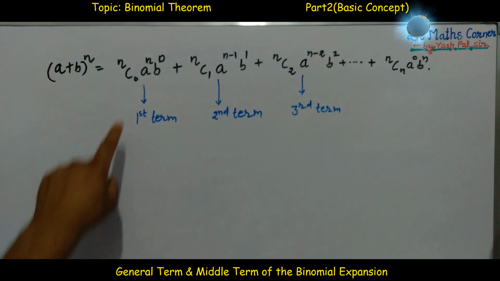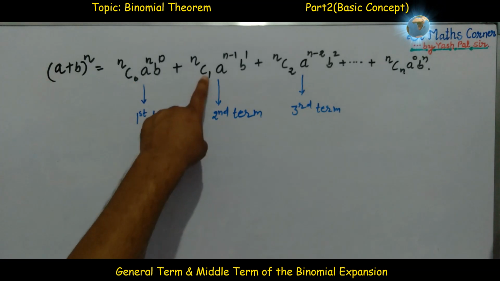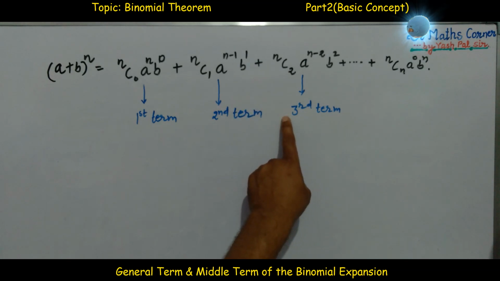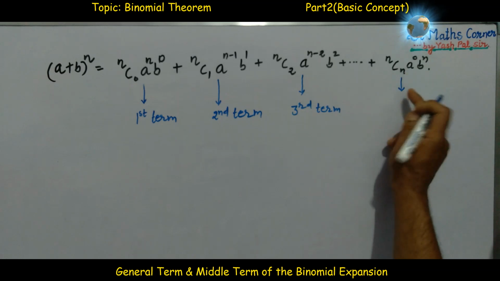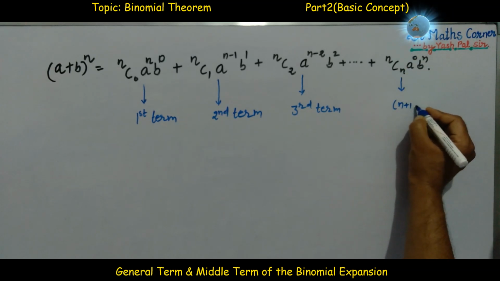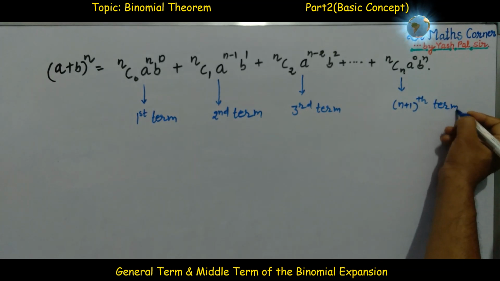So if 0 is there, then it is the first term, 1 means the next, the second term, 2 means the third term. So if this is n, then this is 1 extra, the (n+1)th term.